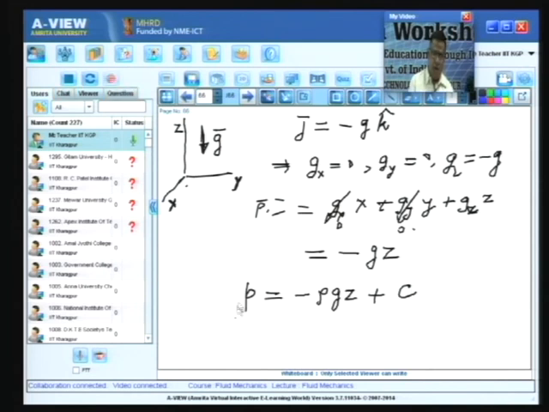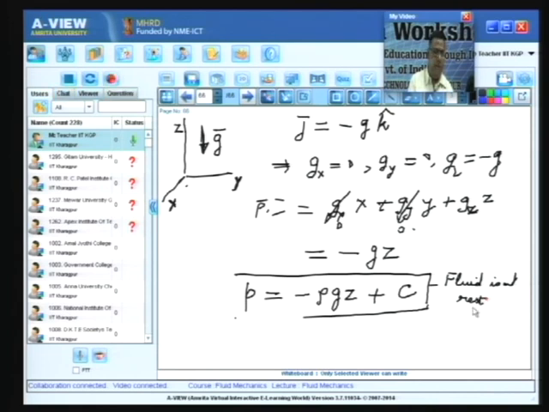So, this expression gives you the pressure distribution under the following conditions. One is the fluid is at rest, then density rho is a constant, and z is vertical and pointing upwards.